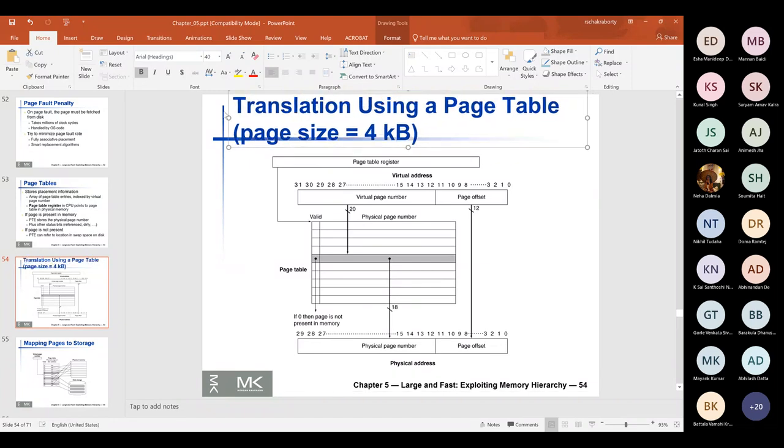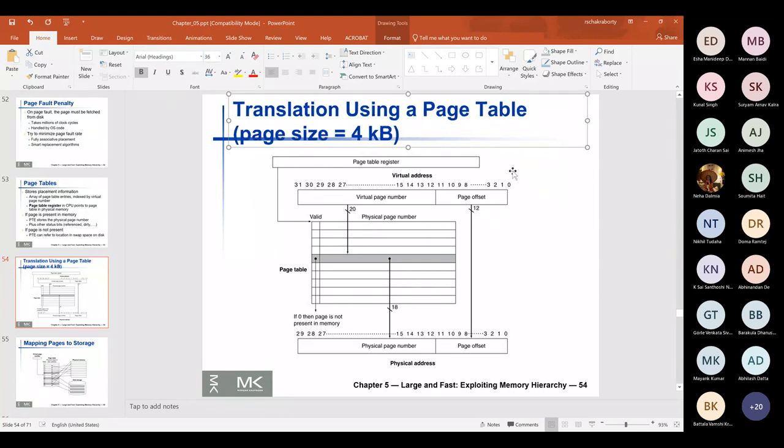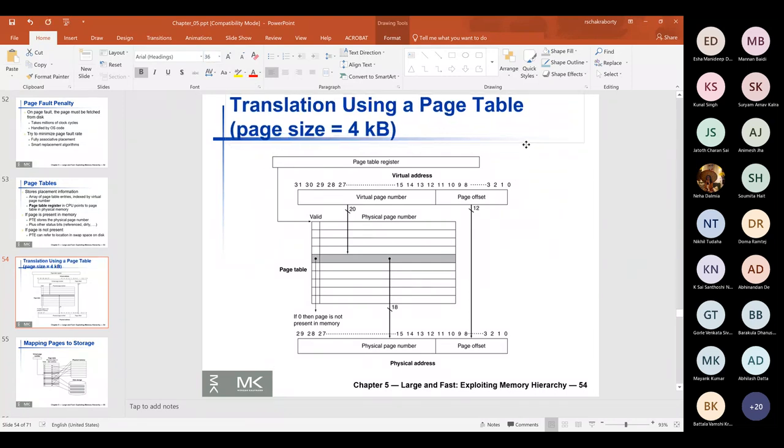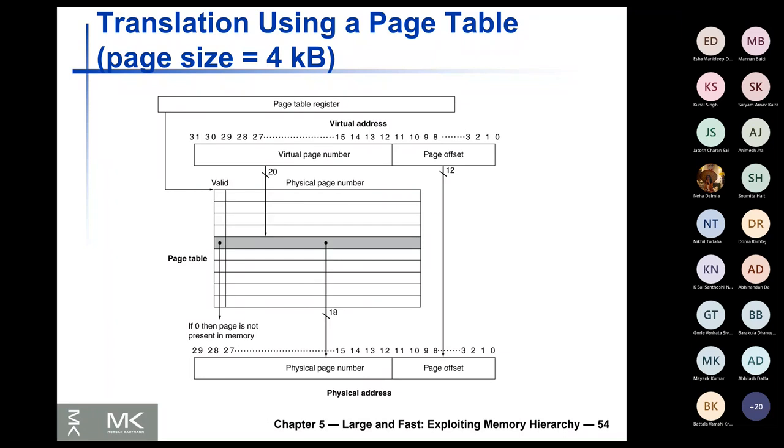Page size is not guaranteed to be 4 kilobytes all the time. In this case, it is 4 kilobytes. So you have a 12-bit page offset. Then you have a 20-bit virtual page number. With this 20-bit index, you go into the page table.